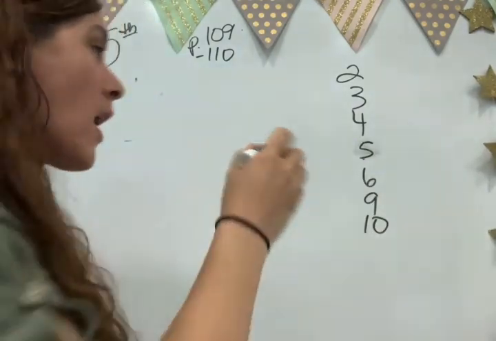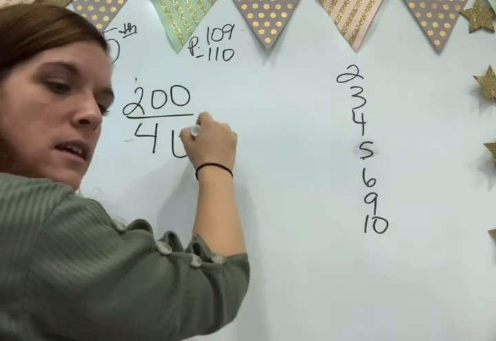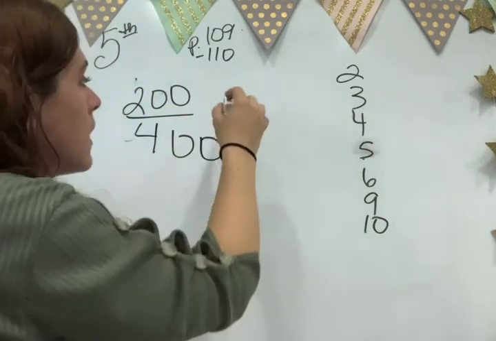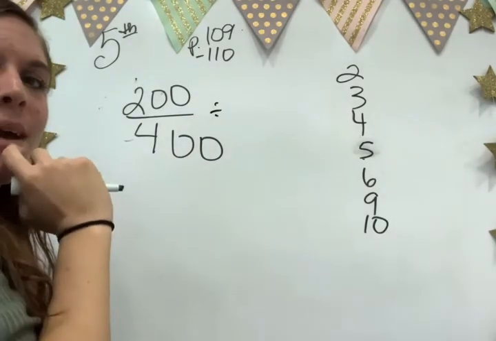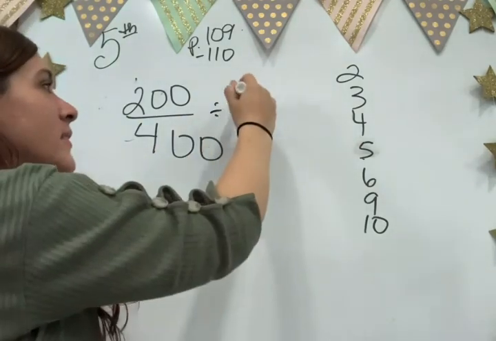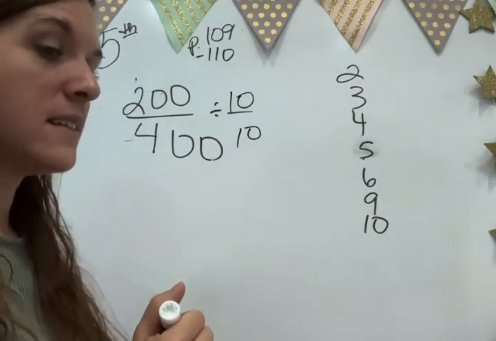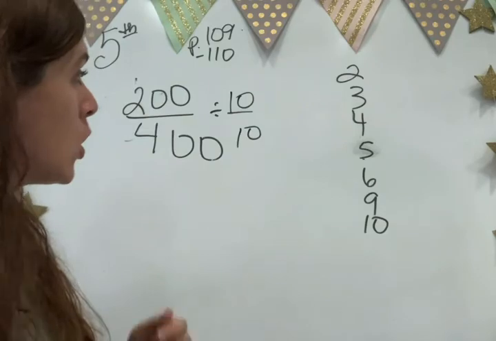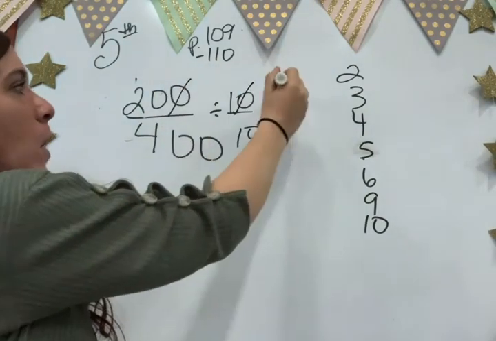200 and 400. Bada bing, bada boom. This one's going to be pretty easy. What are you going to divide by? Frankie, what are you going to divide by? 10. Because it ends in zeros. When you divide by 10, watch what happens. 200 divided by 10 is 20.